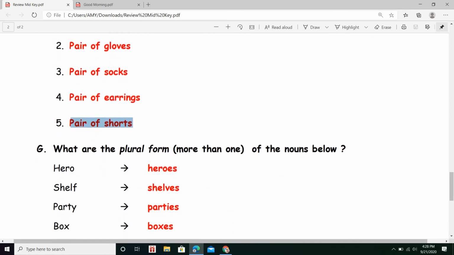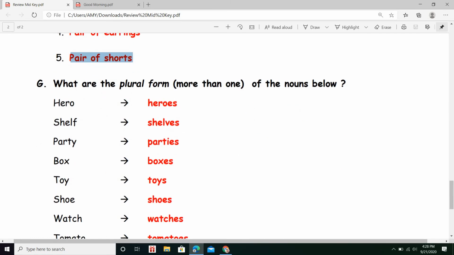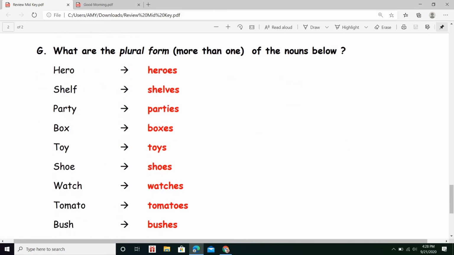Okay friends, part G talks about plural form, or more than one. Here we have hero, shelf, party, box, toy, shoe, watch, tomato, bush, and then horse.